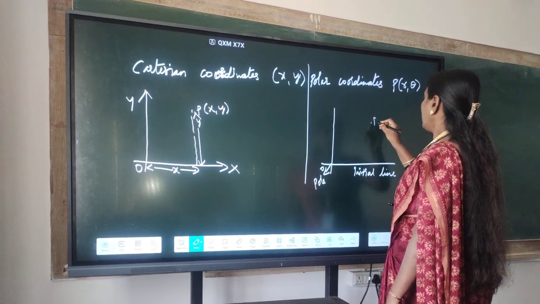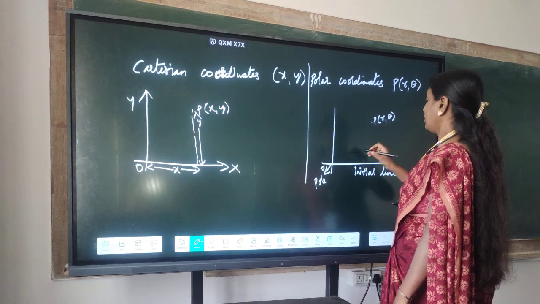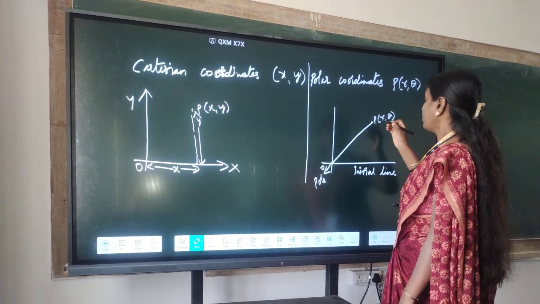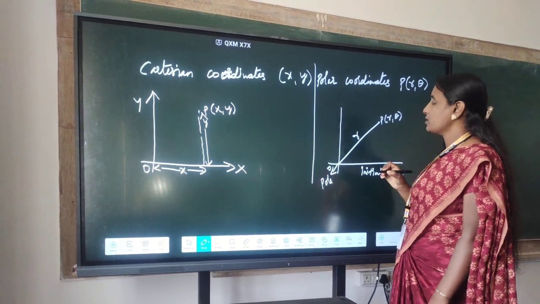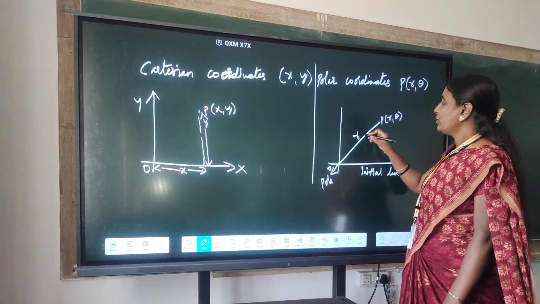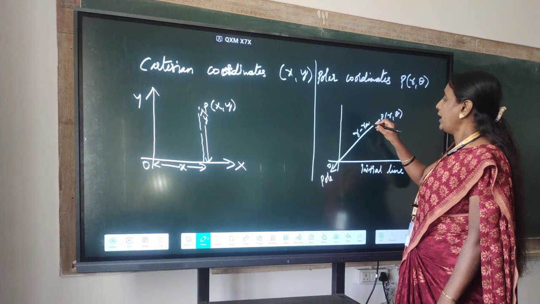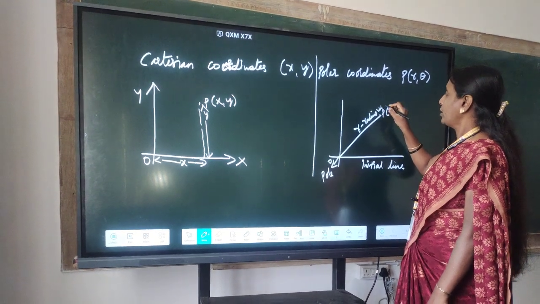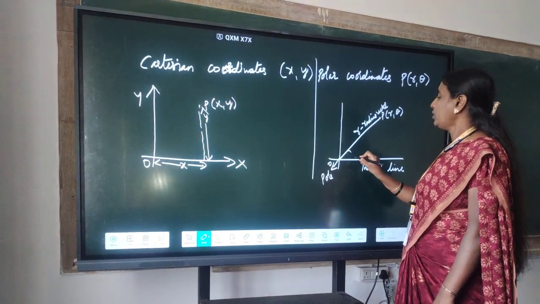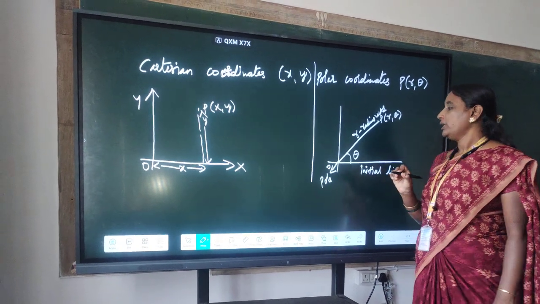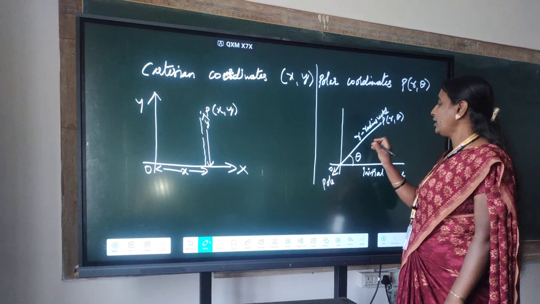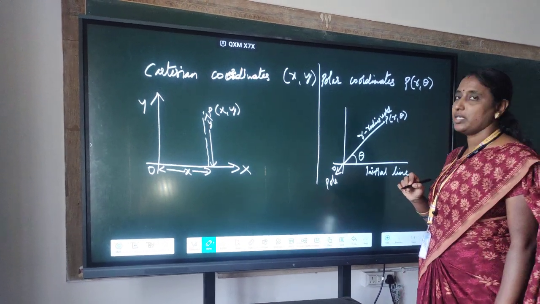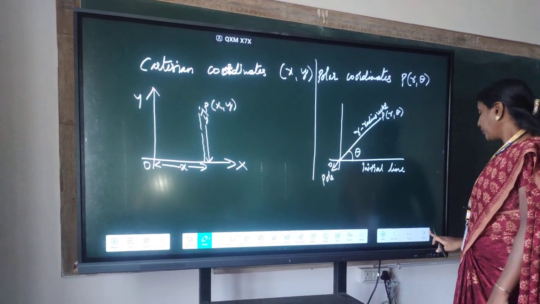If you take the point P of r comma theta, from the pole to this point, if you join them, the distance is nothing but r. This we call the radius vector, and it makes an angle, and I am calling that angle theta. This is the angle between the radius vector and the initial line.